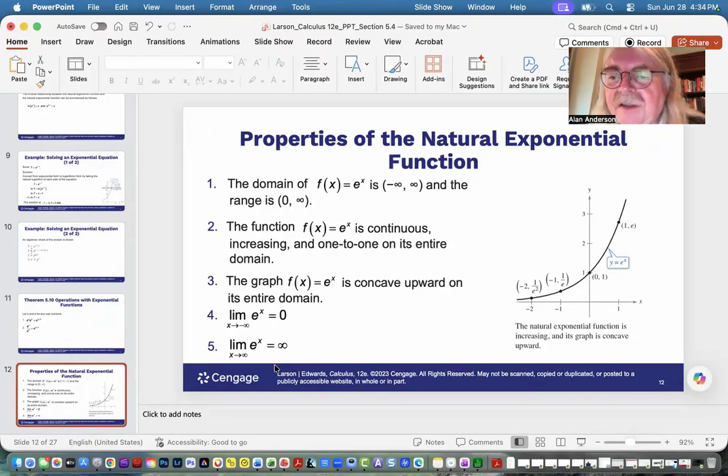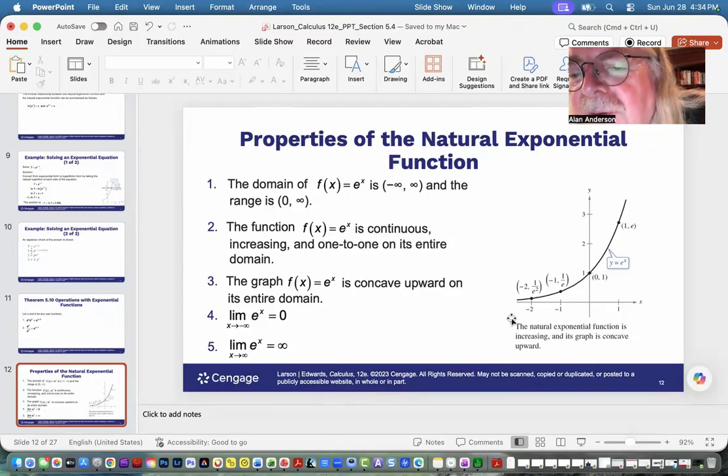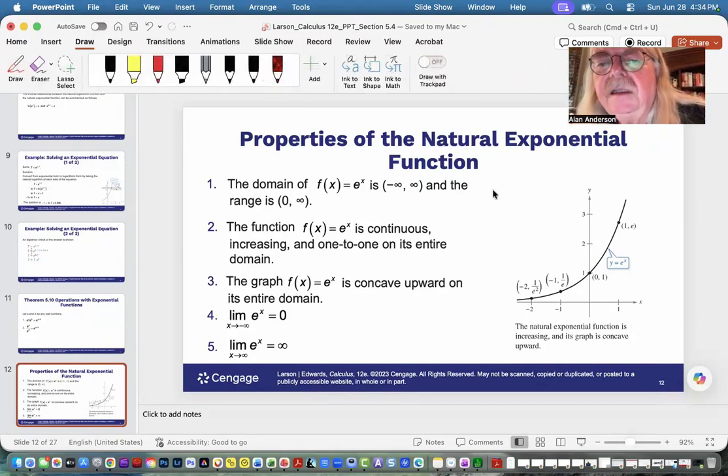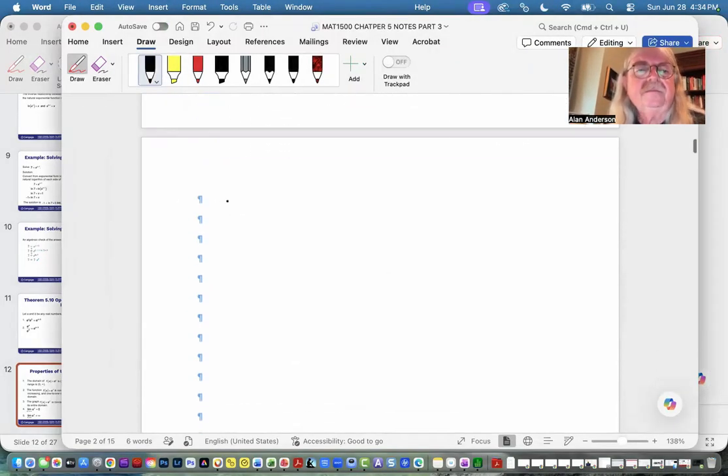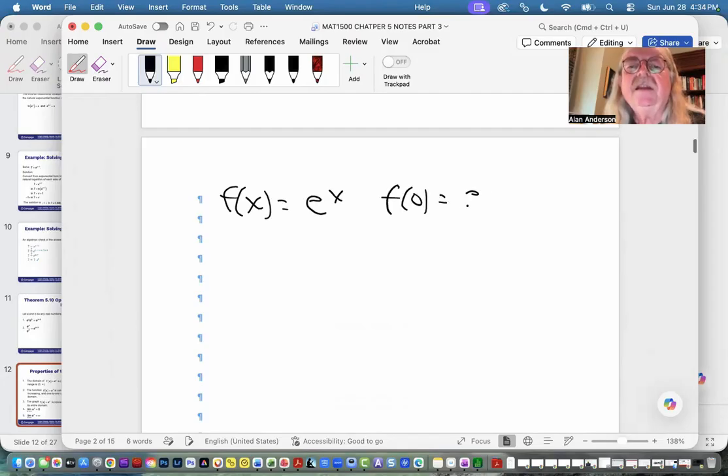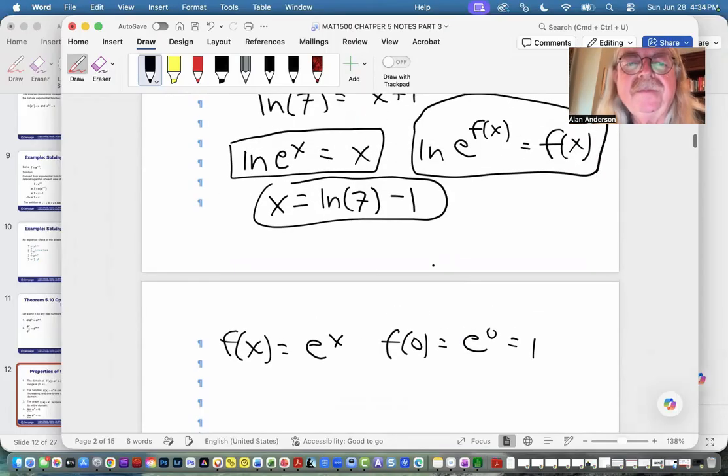Now, here are some key properties. This is the graph, by the way. You notice how it has this very special shape to it. It starts out very slowly in the second quadrant, and then it starts to grow. Once it gets into the first quadrant, it starts to grow very quickly. And if you notice, the intercept is the point (0, 1), because since f of x is e to the x, f of 0 would be e to the 0, which is just 1.